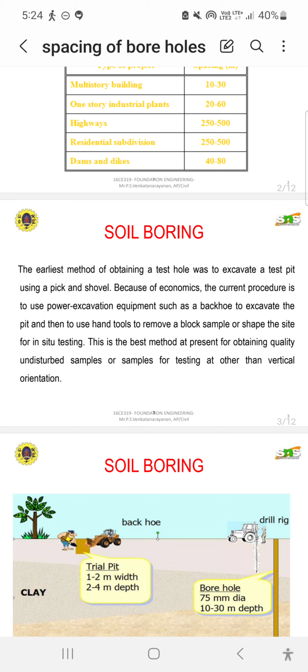So this is the best method at present for obtaining quality undisturbed soil samples for testing, other than for vertical variations. These are the definitions of soil boring.